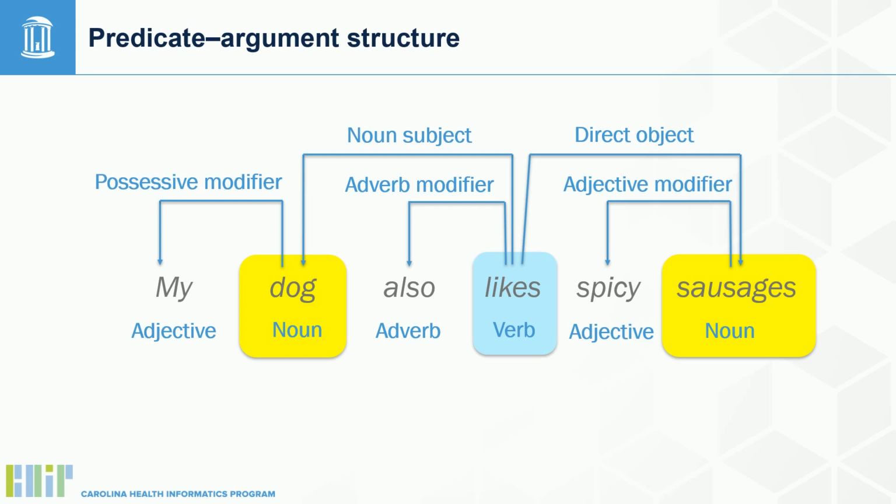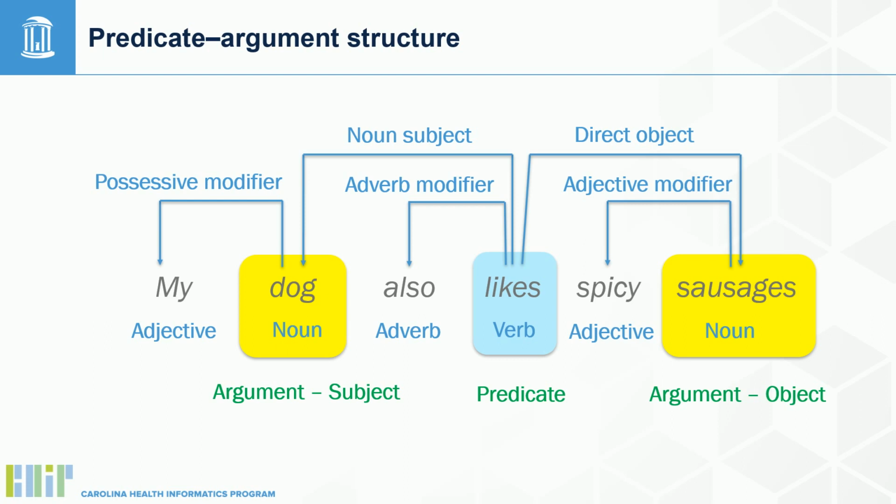The arguments on the other side help complete the meaning of a predicate and closely connect to it, such as the subject argument and object argument. In this example, likes is the predicate, and dog and sausages are subject and object argument, respectively. Along with the predicate, the arguments deliver a complete thought of the sentence, which is dog likes sausages.